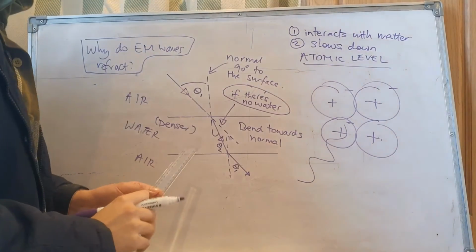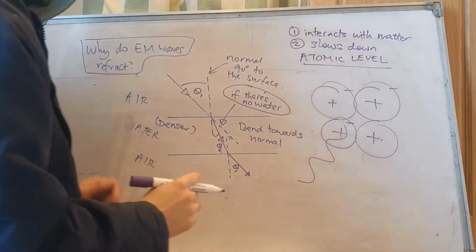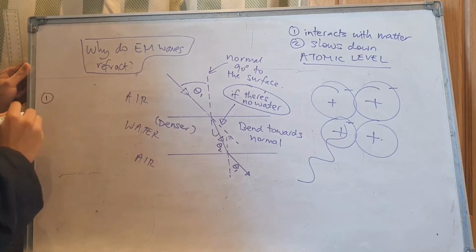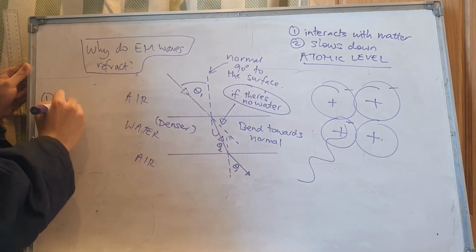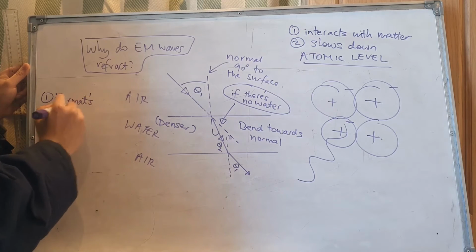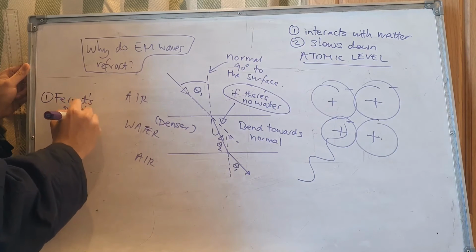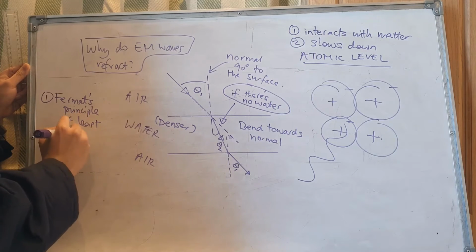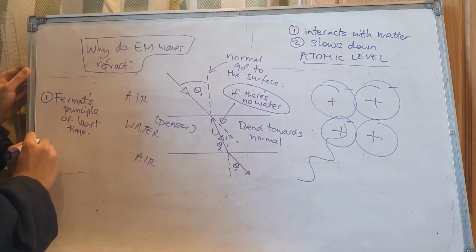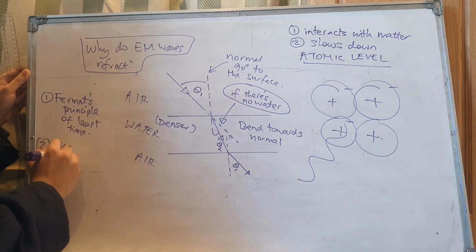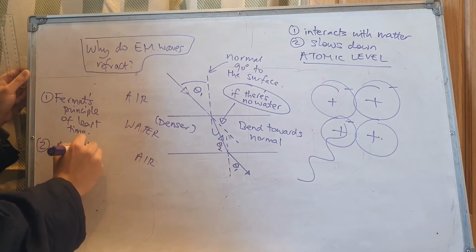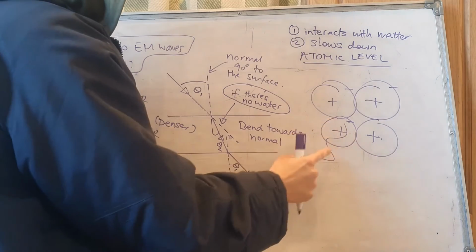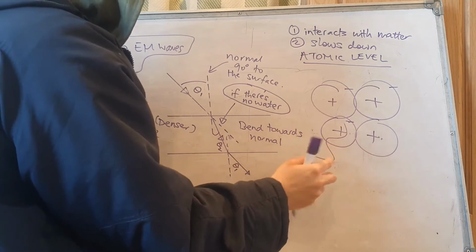Alright, so if you want to have another explanation, there are three explanations. The first one is Fermat's principle of least time. Another one is absorption. Let me explain absorption. This light ray interacts with the matter.